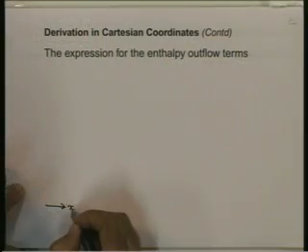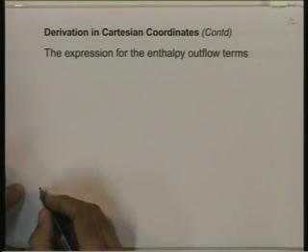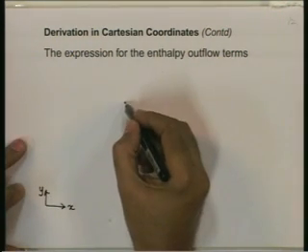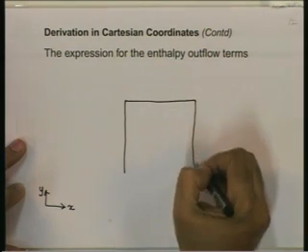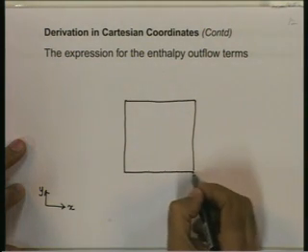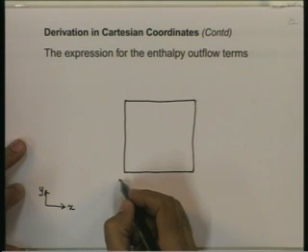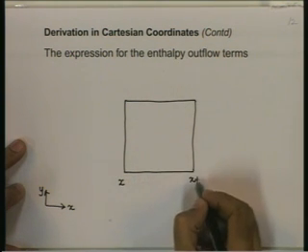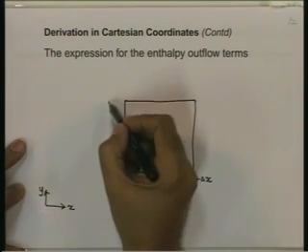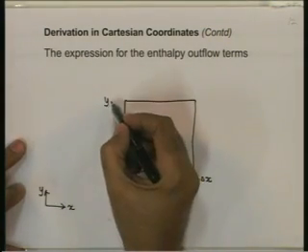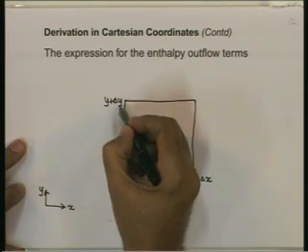Again, to model the enthalpy outflow terms, we have the same coordinate system, x and y, and let me re-sketch that control volume whose extent was from x to x plus delta x and y to y plus delta y.